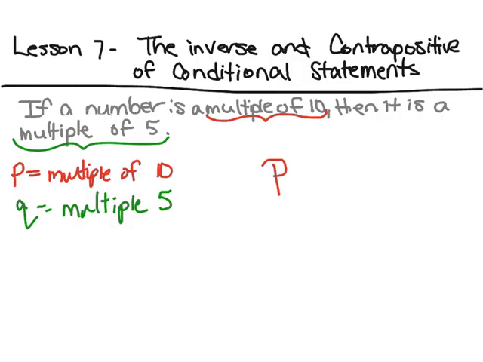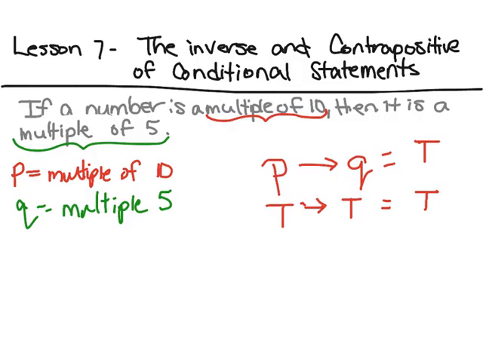So P, then Q. We know that P, if it's a multiple of 10, has to be true. It's giving us that information. If it's a multiple of 10, it is also a multiple of 5. We know that because every multiple of 10 ends in a 0, so it's a multiple of 5. So this is a true statement altogether.